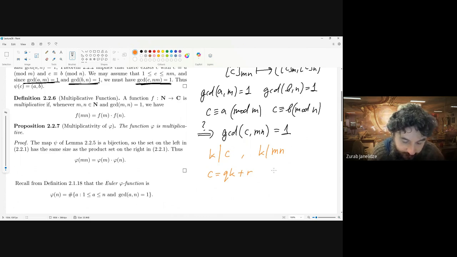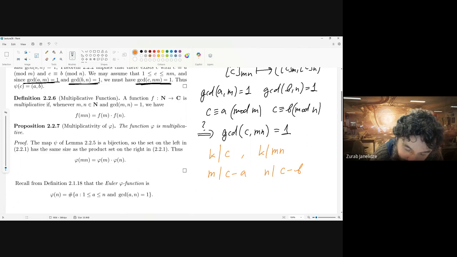Let's actually think of it this way. So M divides C minus A from here. That can get it from there. And then also we can get that N divides C minus B from there, right?